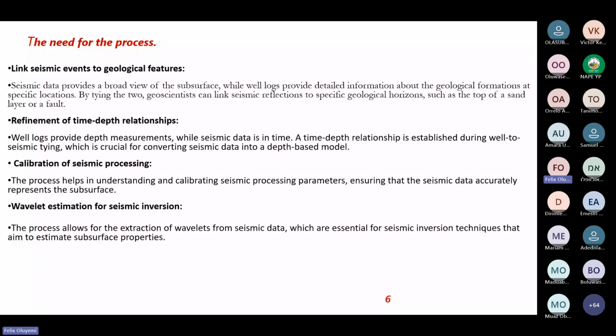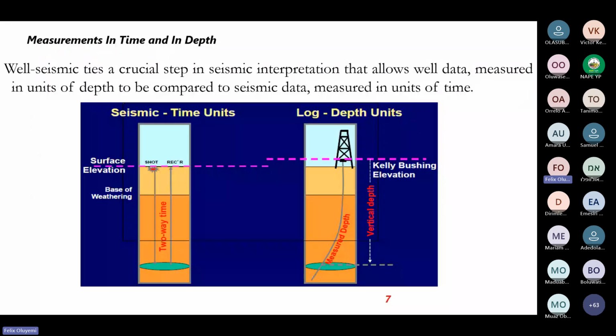Because there is always a link between geology and geophysics, and you need to tie that perfectly for any processing to be depth-wise correct. And again, it's used in estimating the wavelength of that particular seismic section. We'll discuss that in the process of this presentation.